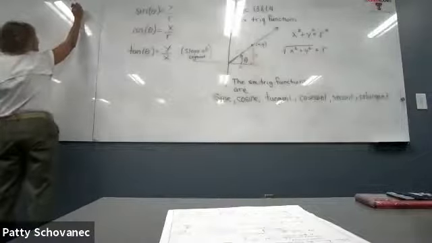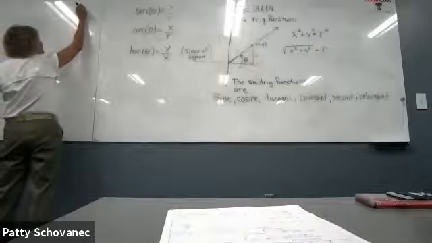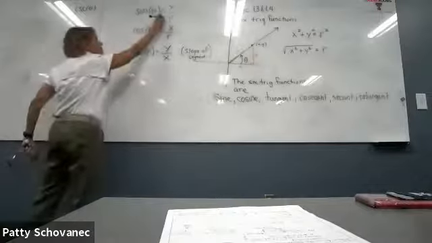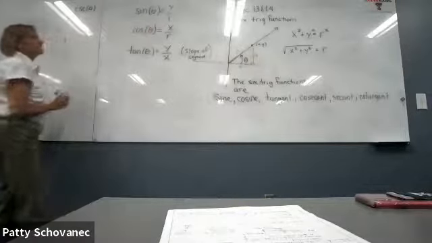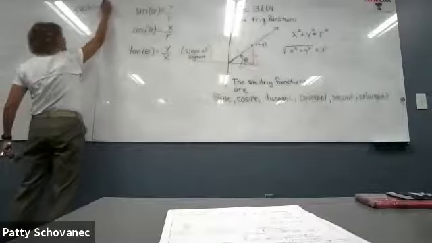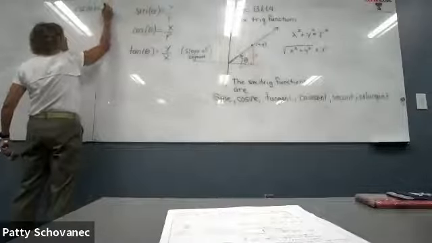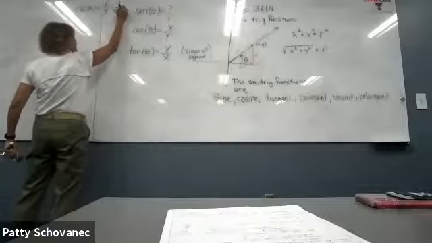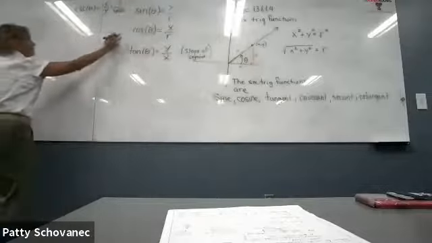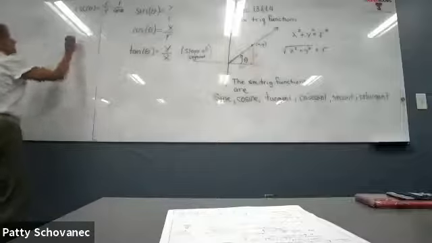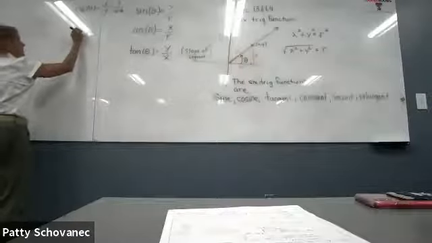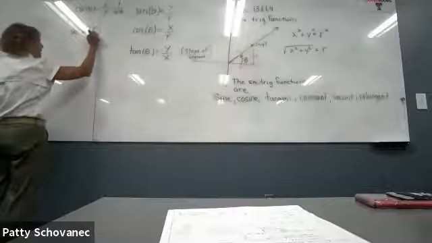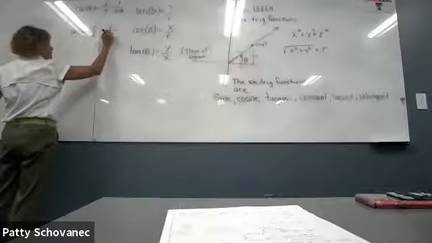The cosecant is abbreviated CSC of that angle theta, and it's the reciprocal of the sine values. It's r over y. Or you can always think of it as 1 over the sine. The secant is the reciprocal of the cosine. We abbreviate secant as SEC. And it's going to be r over x, or 1 over the cosine.